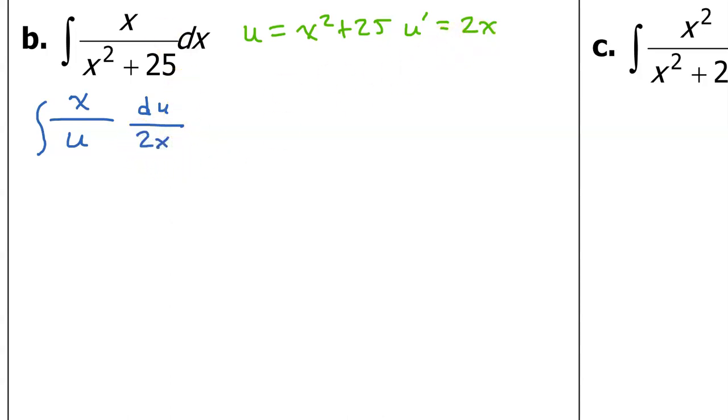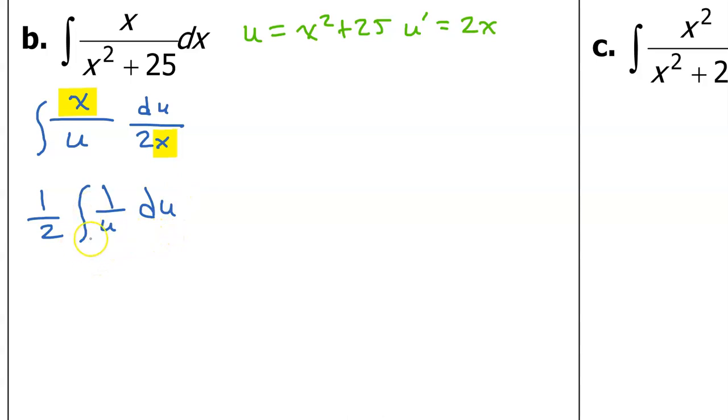And then we notice that we have an x in the numerator and an x in the denominator. These will cancel each other out. The 2 in the denominator can be brought out to the front as a 1/2. This leaves the integral of 1 over u du, which leads us to a memorized rule.